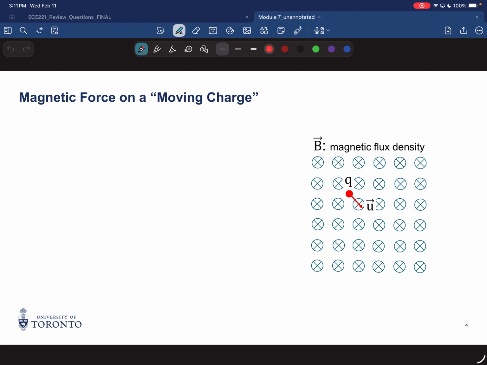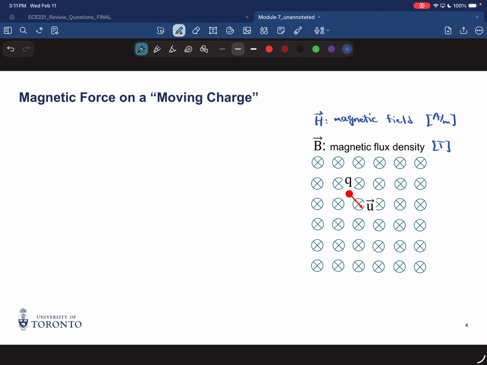We talk about B a lot, which is magnetic flux density. And if you remember, H was magnetic field. This was in ampere per meter, and this was Tesla.